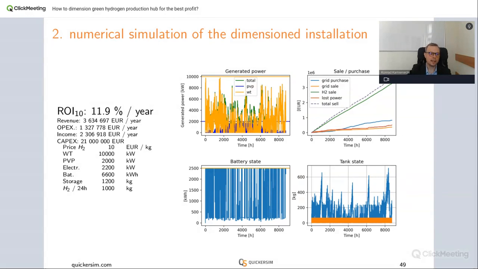And let's see, the return on investment calculated using the model is only 12%. So it is much lower than we assumed using a paper and pencil approach. This is not a very big surprise as the assumptions for the paper and pencil approach were pretty naive, but now we have a much more realistic view of our installation.